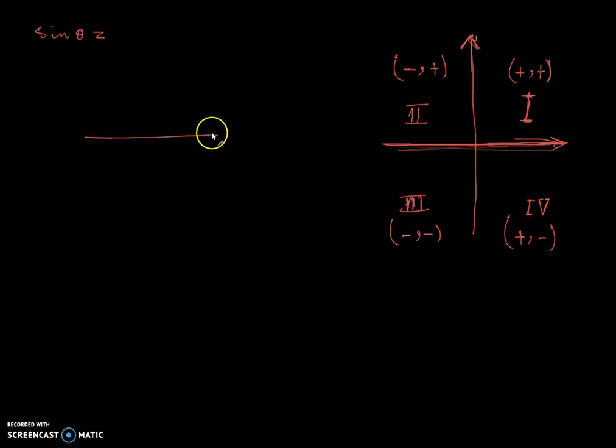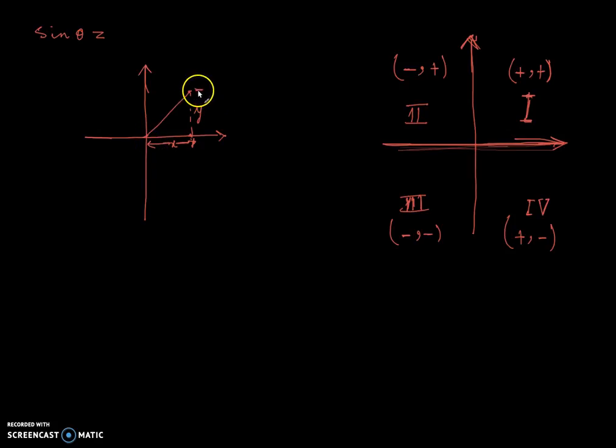For example, let's say this is a coordinate system and you have this angle right here. This is your angle, this is your y, and this would be your x.